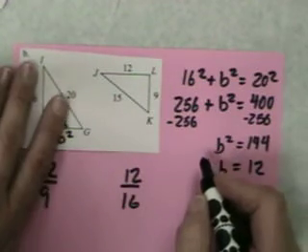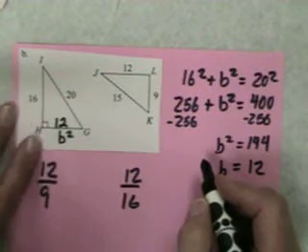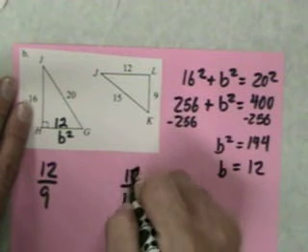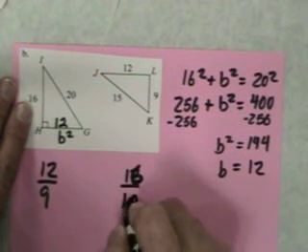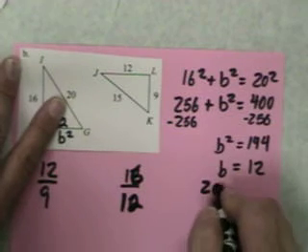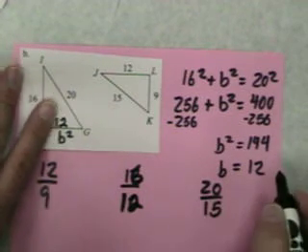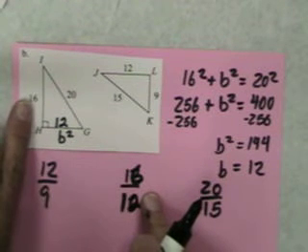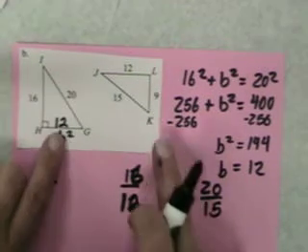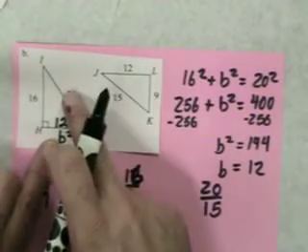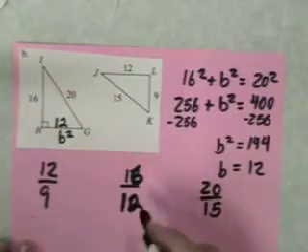And we're going to match up 12 with 9, 16 with the 12, and 20 with 15. Hopefully you caught that I had done this one backwards because I'm going from here to here. So 12 went to 9, 16 went to 12, and 20 went to 15.